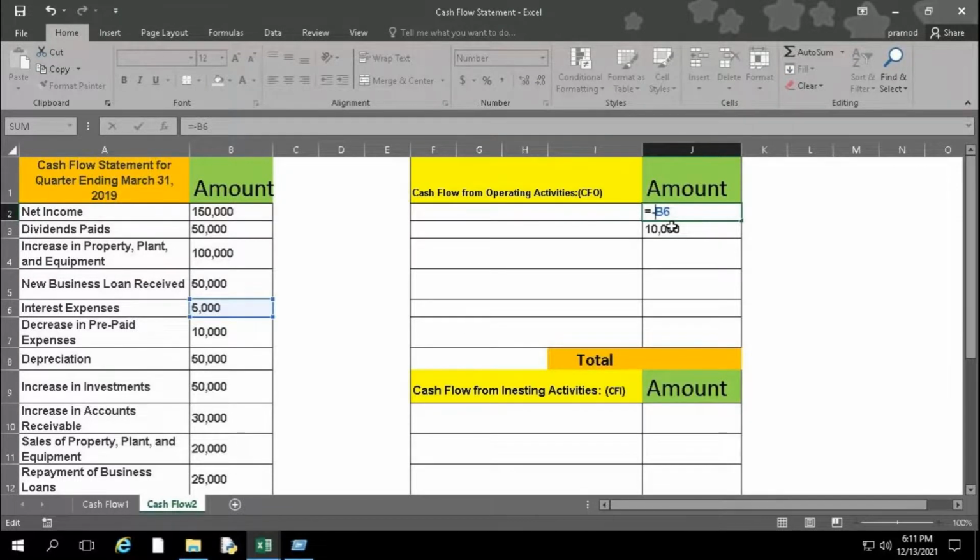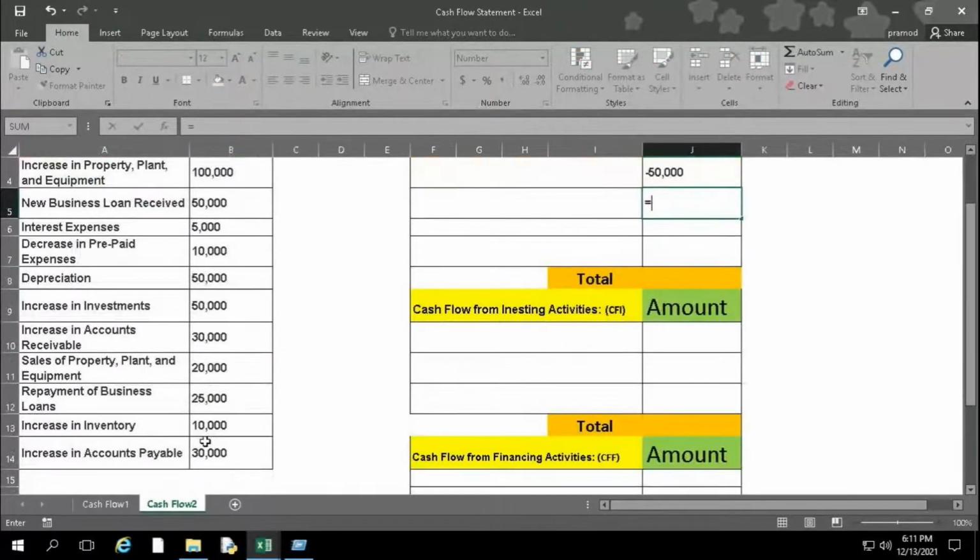So minus interest expenses, 5,000. Minus 5,000. Decrease in prepaid expenses minus 10,000. Increase in inventory plus. Depreciation again minus 50,000. And then increase in accounts receivable 30,000, that is plus.